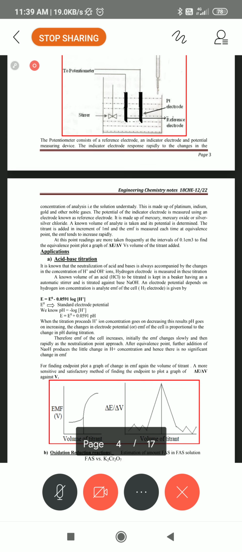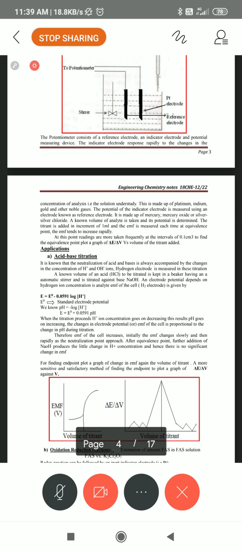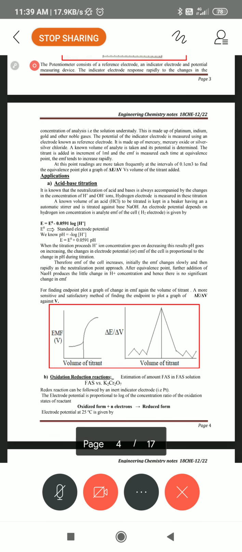Where you get the steep increase, the jump, there you get the equivalence point. In that, around 500 you will get about 1000 or 960, 980, or it might be 1000 also, that is no problem.